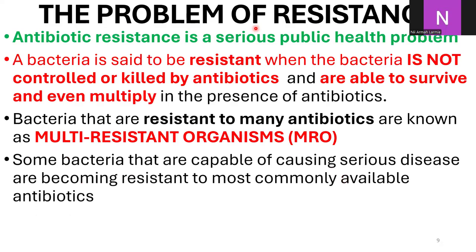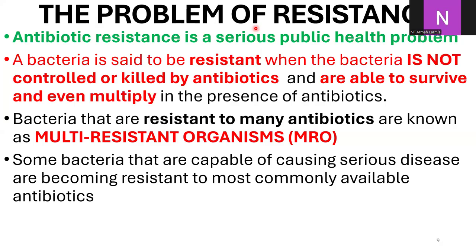Under the right conditions, given the right opportunity, all microorganisms can resist certain antibiotics. So, when we say a microorganism is resistant to an antibiotic, basically what we are saying is that that microorganism is not halted in terms of growth or killed by the said antibiotic.